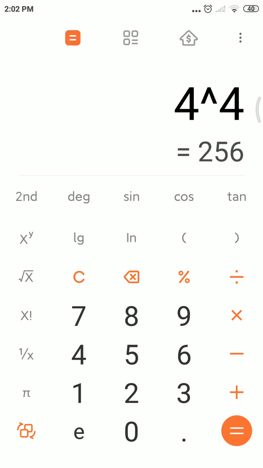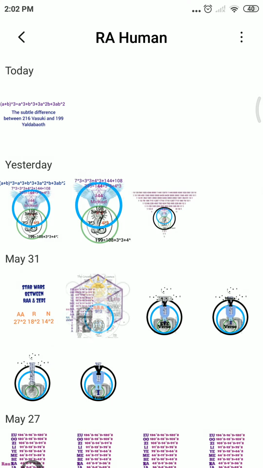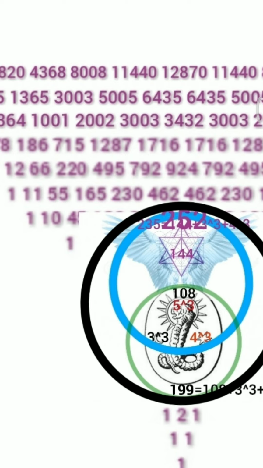So this 8 cube is a very interesting thing, in the sense that if you analyze it the similar way to how we analyzed 7 cube, 8 cube will result in two equal parts of 4 cube each. 4 raised to 4 each, 256 each. 256 is nothing but 16 squared.